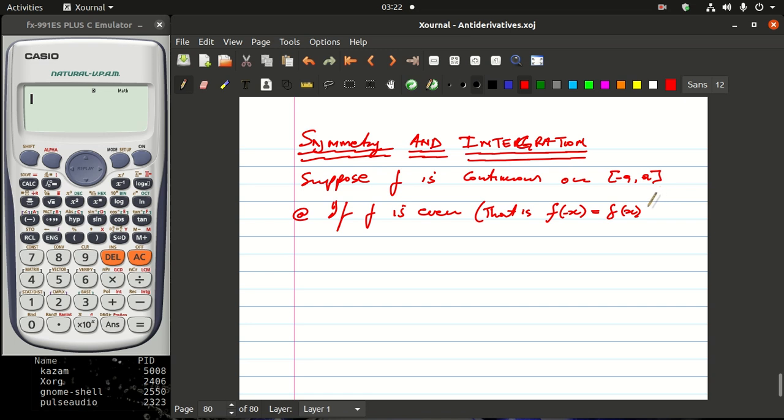You still remember when we were talking about even functions. Then when I take the integral from minus a to a of f of x dx, I should get 2 times the definite integral from 0 up to a of f of x dx.